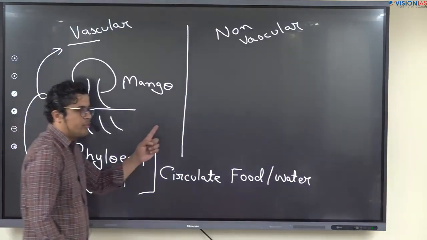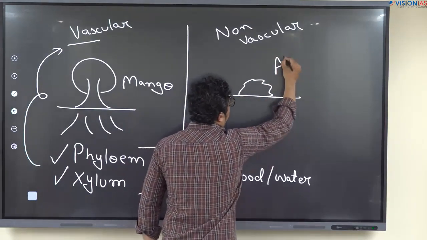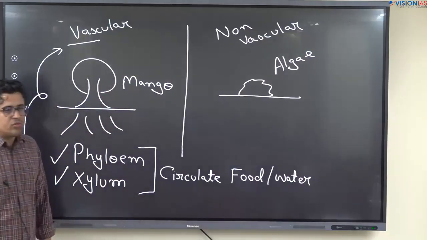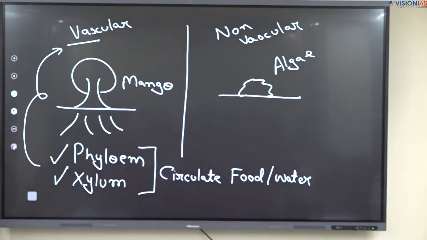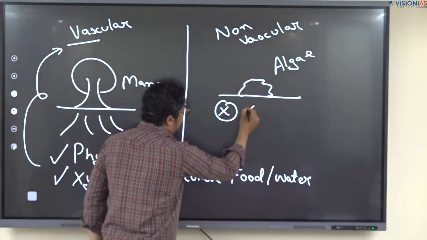But there is a non-vascular plant also. For example, algae. Algae is also a plant. It can also do photosynthesis. It is capable of making its own food. Algae is also a plant, but not big in size, small in size. So algae does not have xylem.